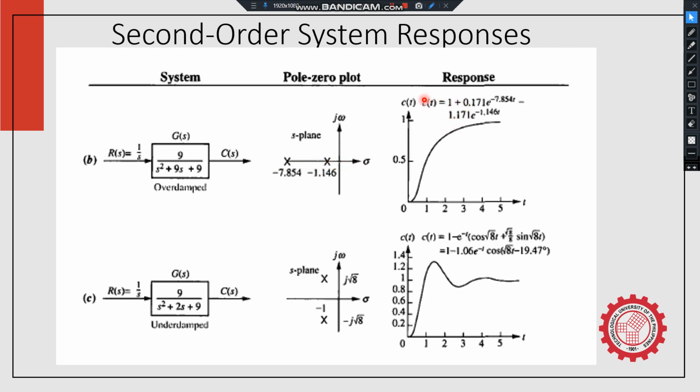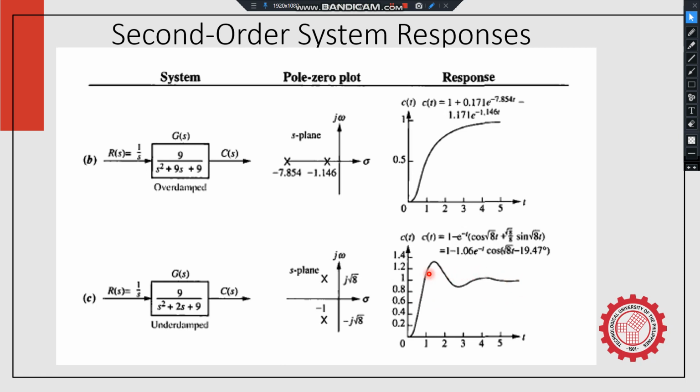So this will be the time response equation, c(t), with the two poles here. For the underdamped, notice that we have two poles, but they are in the imaginary line. That's why their values are j square root of 8 and negative j square root of 8. And this is the time response equation, and this is the time response curve.